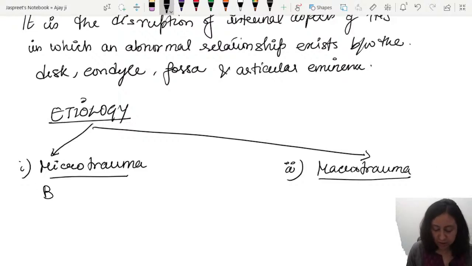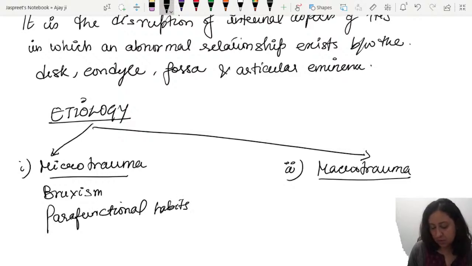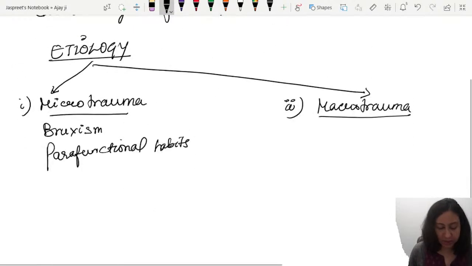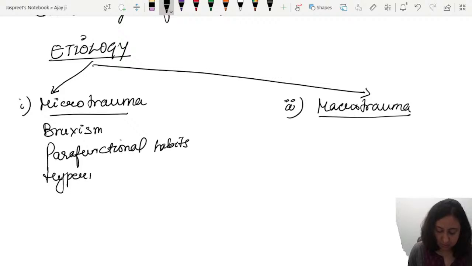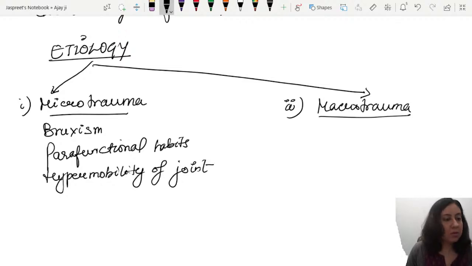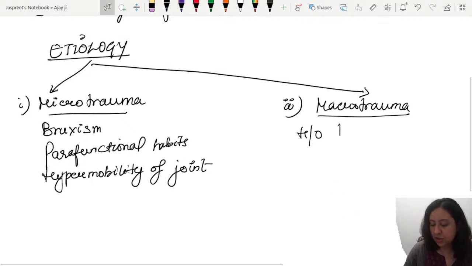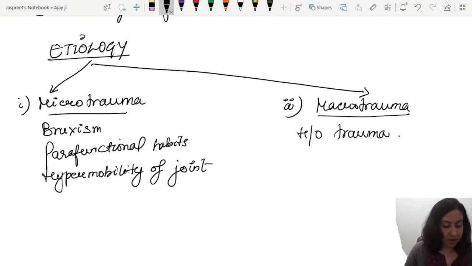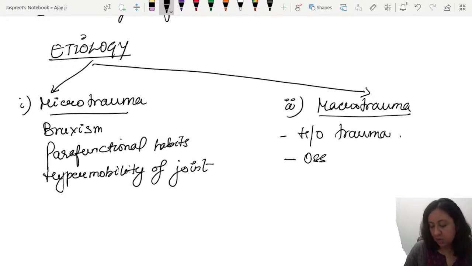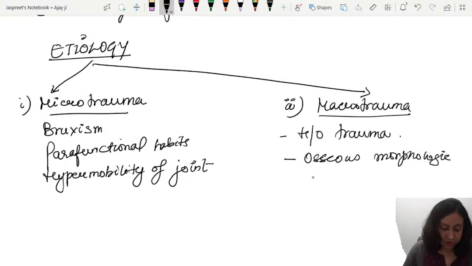Micro trauma can be bruxism, parafunctional habits, hypermobility of joint, and macro trauma can be history of trauma to the joint, trauma to the condyle, and osseous morphologic changes.